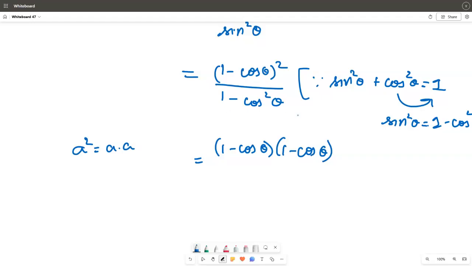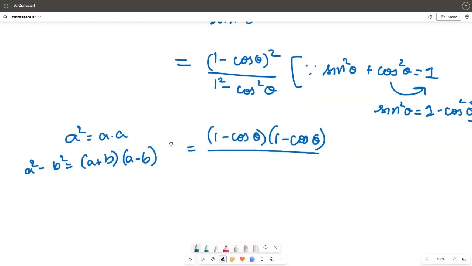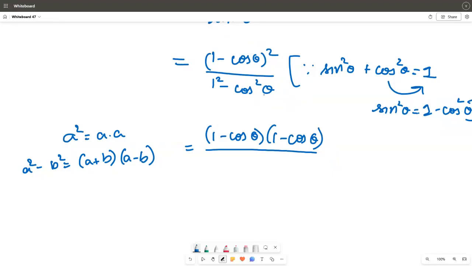If we observe the denominator, I can write this 1 as 1 square, and 1 square minus cos square theta looks like a square minus b square. We know a square minus b square equals (a plus b) into (a minus b). Therefore, 1 square minus cos square theta can be written as (1 plus cos theta) into (1 minus cos theta).